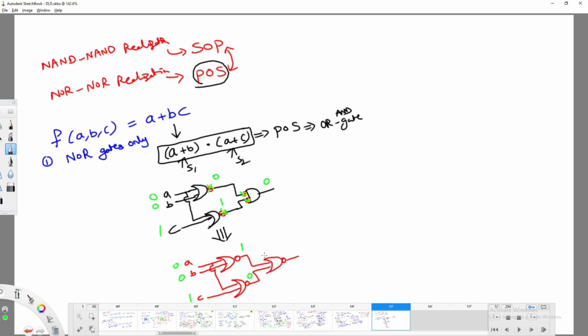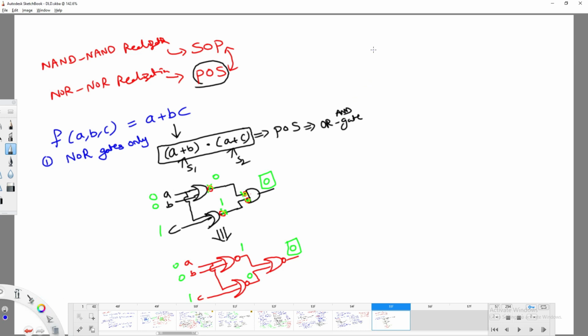Now 1 or 0 is 1, and 1 complement is 0. Are you going to produce the same output or not? This is the NOR-NOR relation, the simple example.